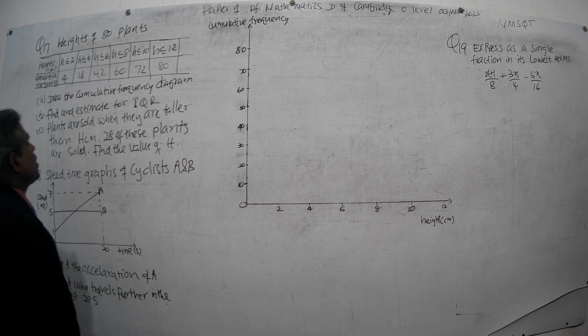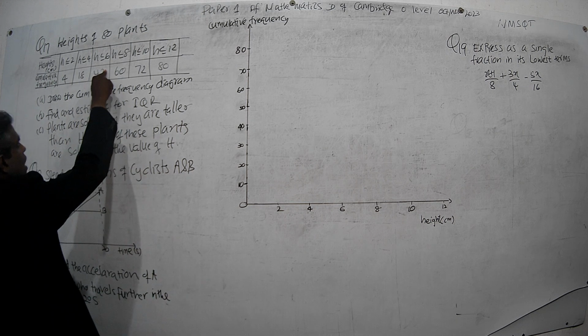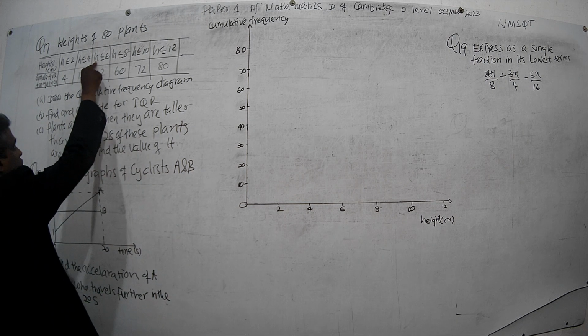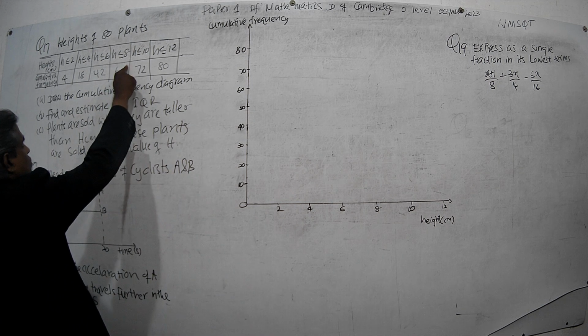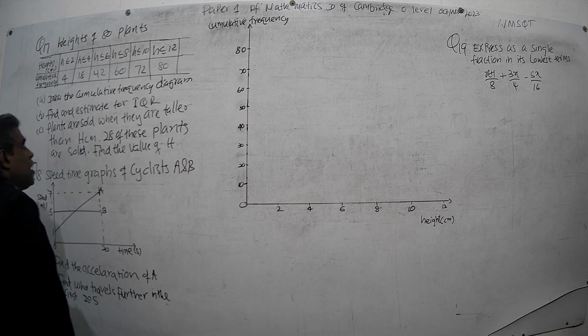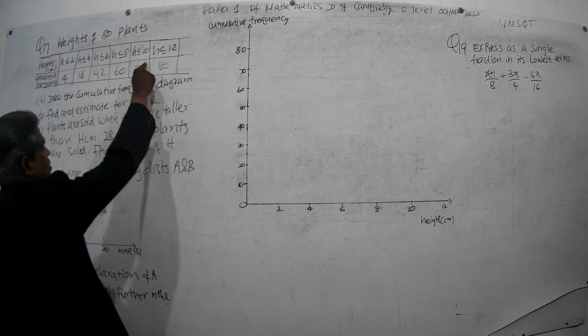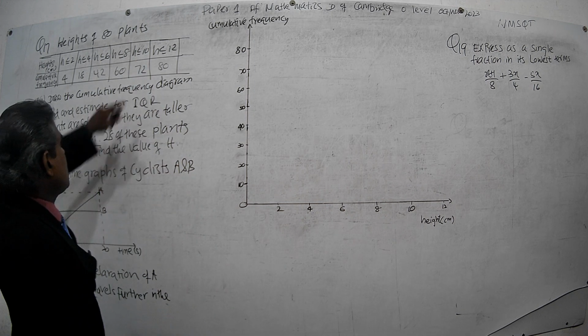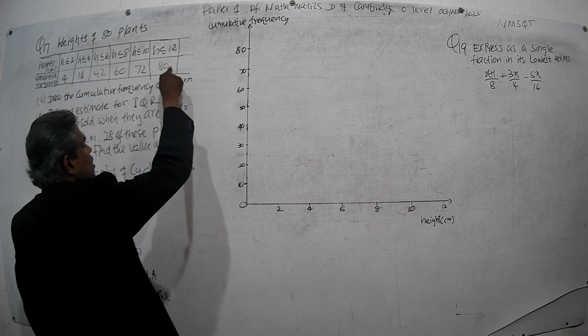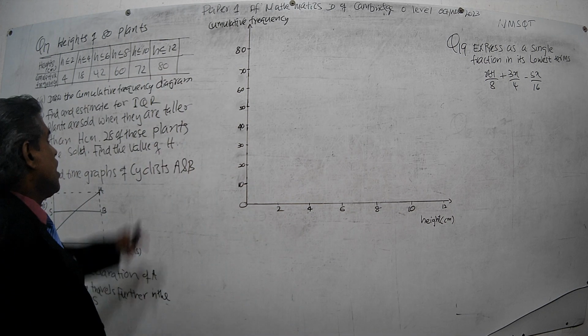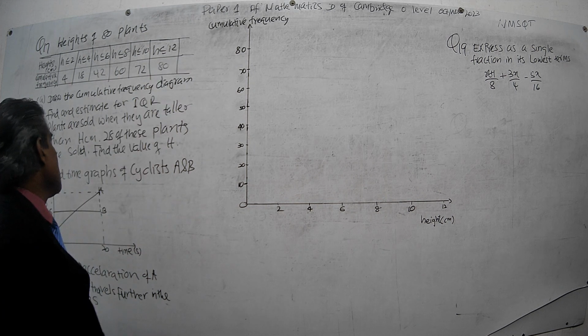Then there are 42 plants of which the height is 6 or less. There are 60 plants of which the height is 8 or less. There are 72 plants of which the height is 10 or less. There are 80 plants altogether, the height of which is 12 or less, right?